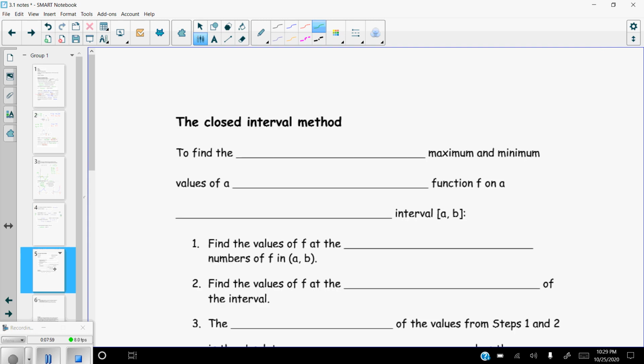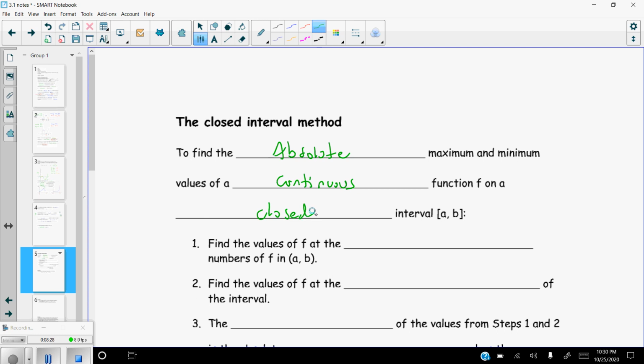We have what's called the closed interval method. This just kind of tells us how to do it. The closed interval method says, to find the absolute maximum or minimum of a continuous function, we can use the extreme value theorem on a closed interval from a to b.